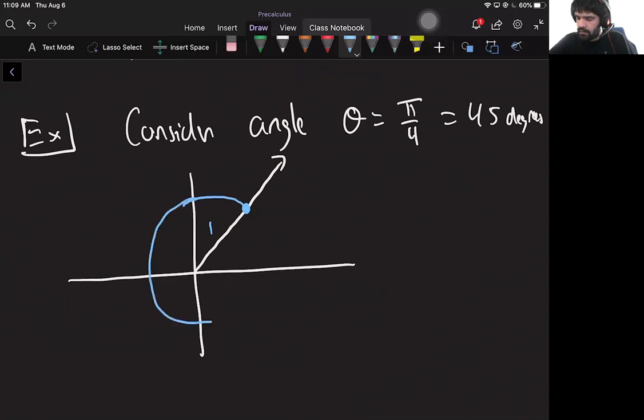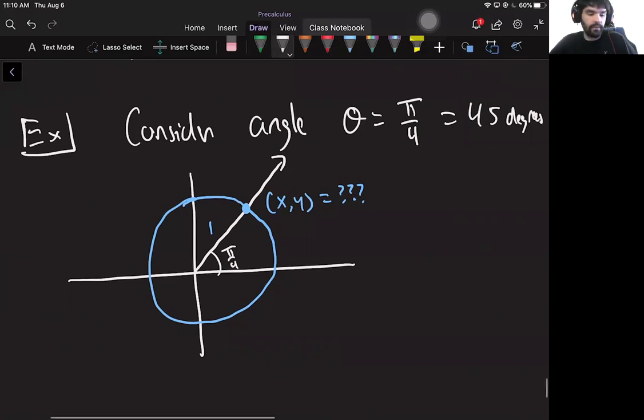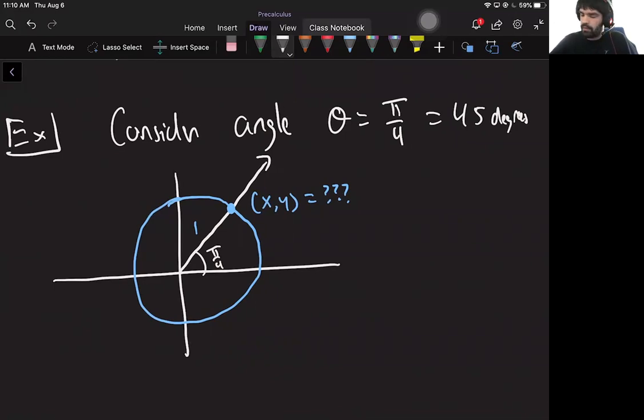So in fact, I can just draw that unit circle there. And now we're going to ask, what is x comma y? What is this point on the unit circle when you go up by pi over 4? Okay, so what is the point x comma y?